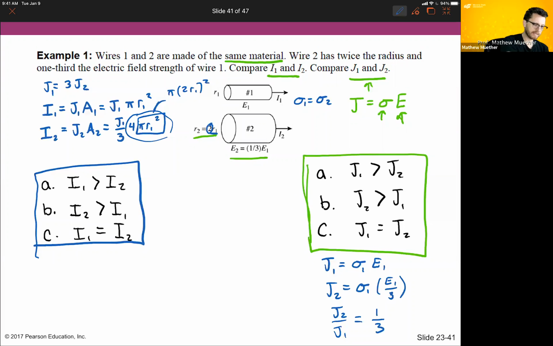So now I can see that I have common factors of J1, pi, and R1 squared here. So I can see that I2 has to be greater than I1. I2 equals 4/3 I1. I can come up with the exact ratio.